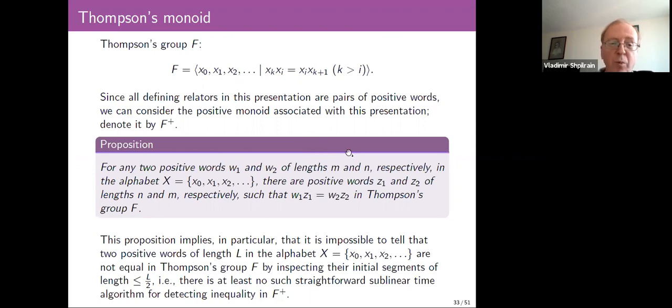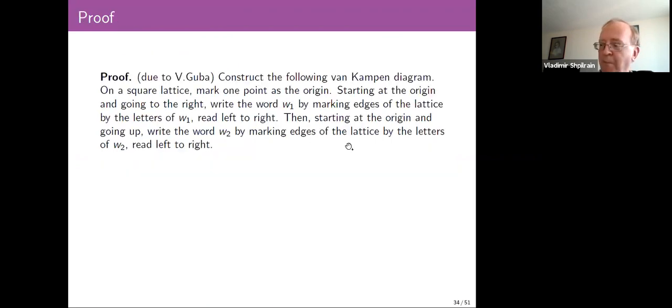I'm going to prove this proposition, because the proof is quite nice and simple and elegant. The proof is actually due to Victor Guba, who is a well-known expert on Thompson's group. We're going to construct the Van Kampen diagram on a square lattice.